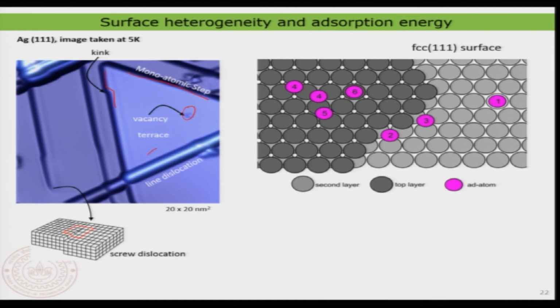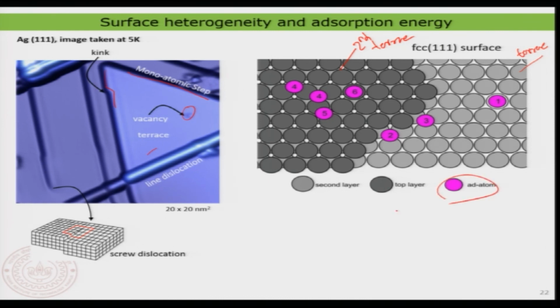So, this is a schematic of two surface layers. So, this is the first terrace, and this would be the second terrace. Yeah. So, these are the two different terraces, and now you can see if I adsorb atoms.